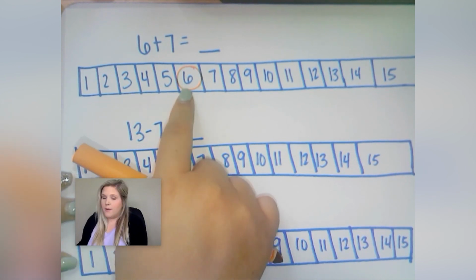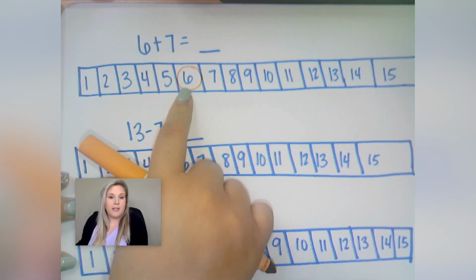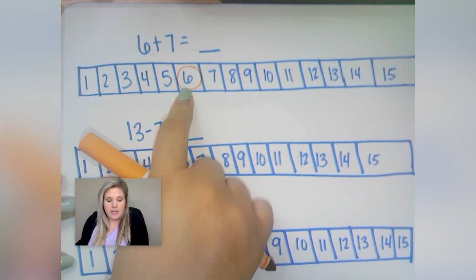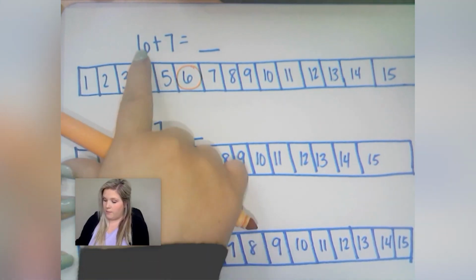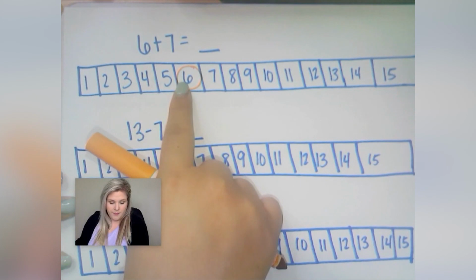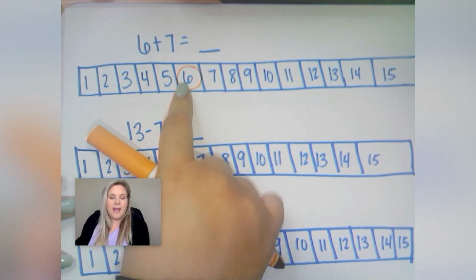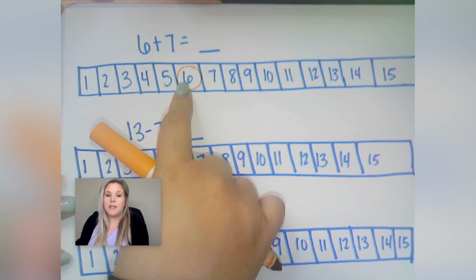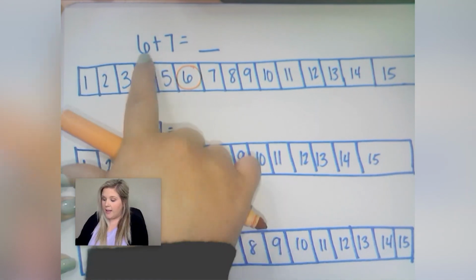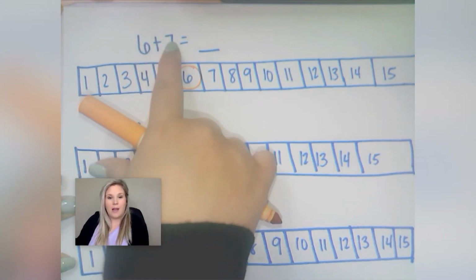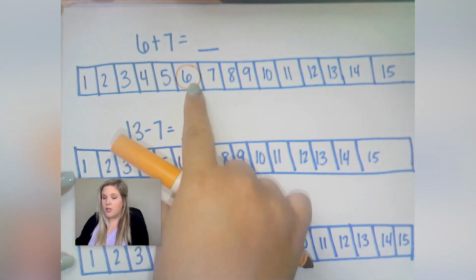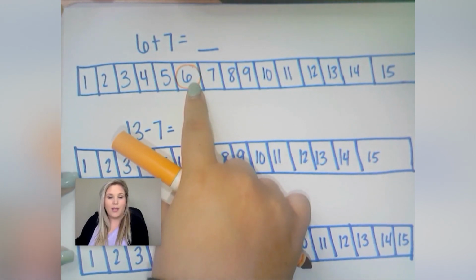We circled the number 6, or we touched the number 6, because it is the first number in our equation. Now we will make 7 hops to show that we are counting on and stop after we have hopped 7 times, because it says 6 plus 7. And when we do that, we are showing that we are adding 7. We're counting on 7.